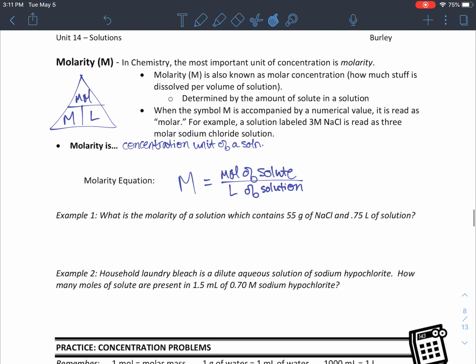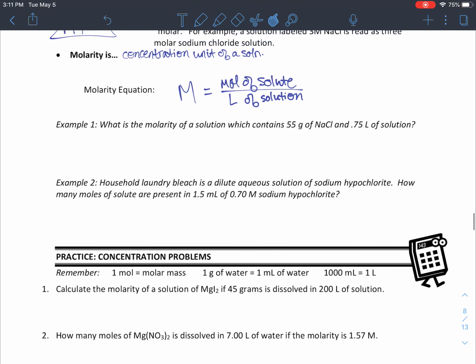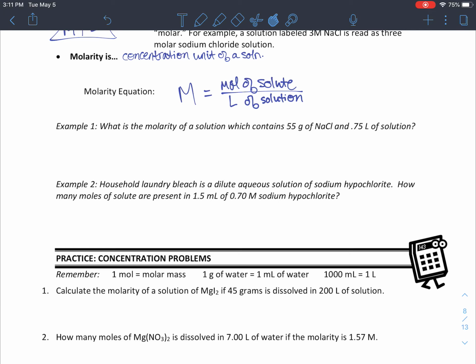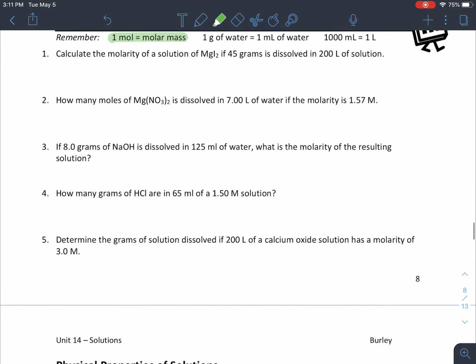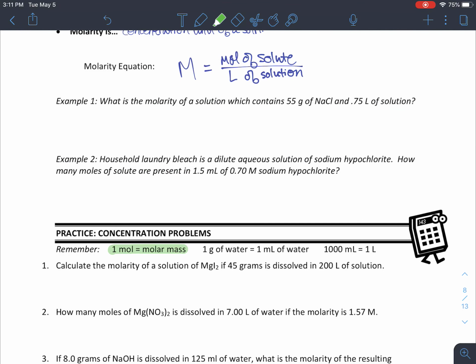Now on this page, which is page 8, I do have a couple equivalence ratios here to remind you before you work on these 5 practice problems. So don't forget, a mole of something equals the molar mass of that something. So you will need a periodic table in order to complete these. 1 gram of water is equal to 1 milliliter of water.